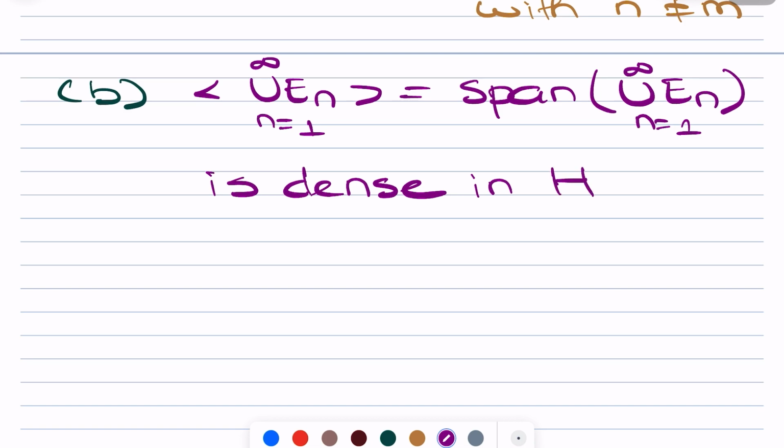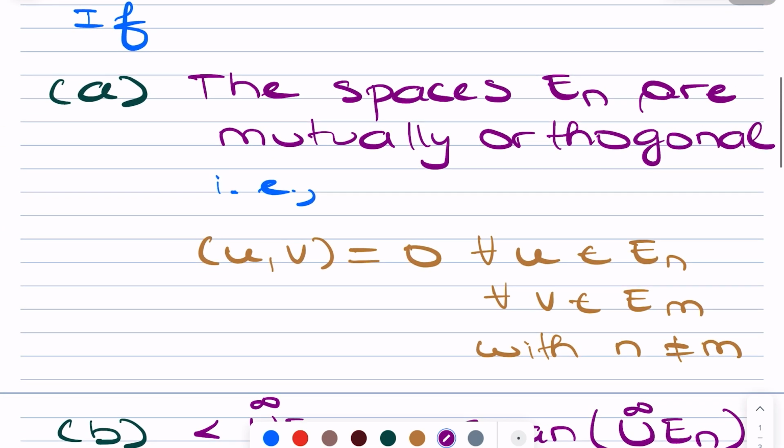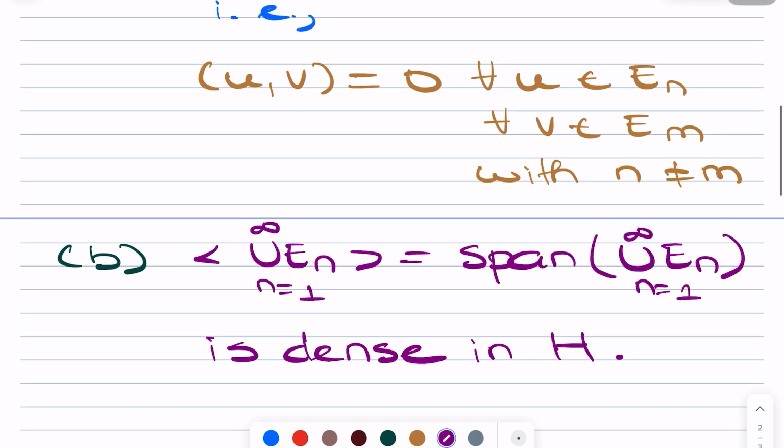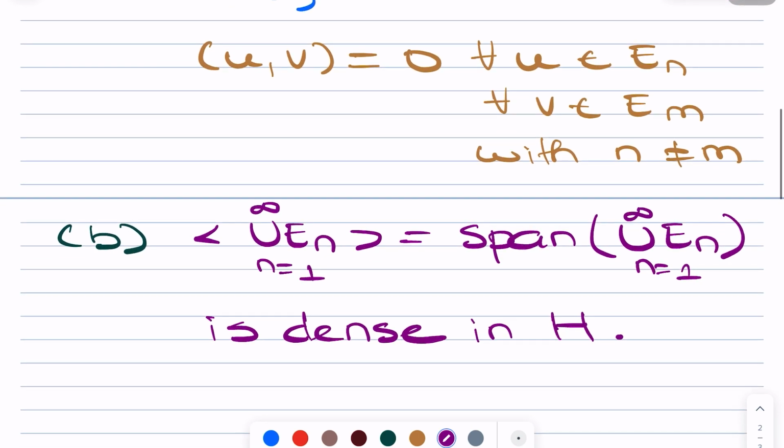I mean, in the linear algebra sense, I mean, finite linear combinations of elements belonging to the spaces En. So if A and B hold, then we say that H is a Hilbert sum of the En.